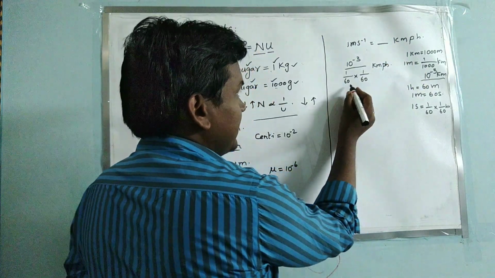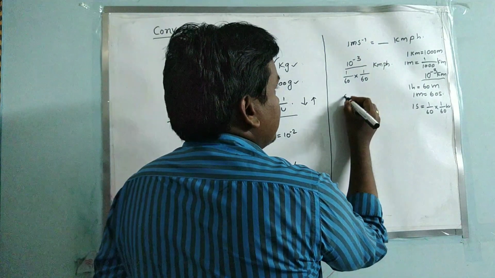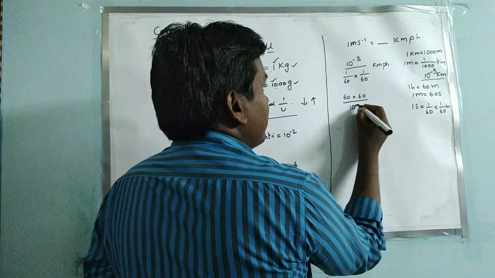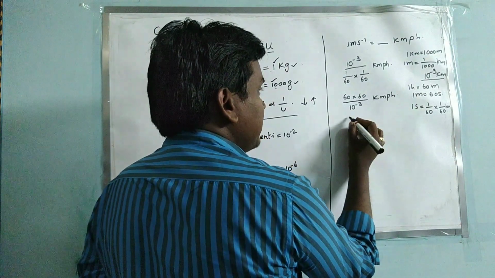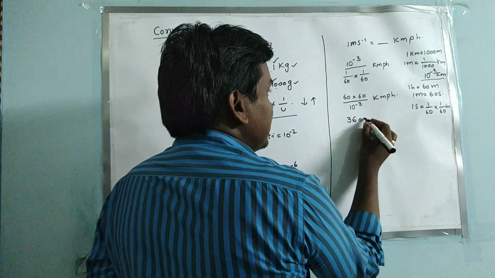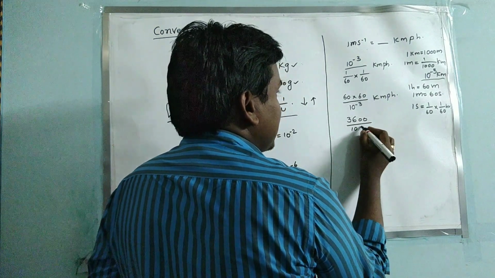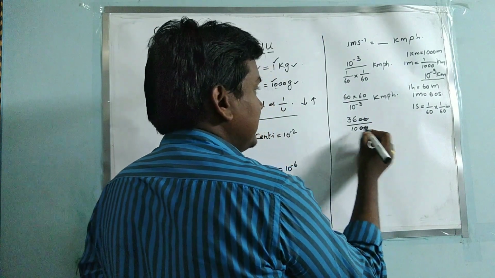Now this is the denominator, so it will be reciprocated up. So 60 into 60 by 10 to the power of minus 3 kilometer per hour. Now this can be written as 3600, and this is nothing but 1 by 1000, so this can be written as 1000. So zeros cancel.